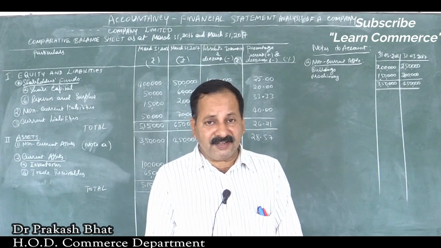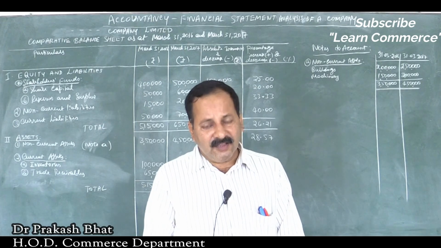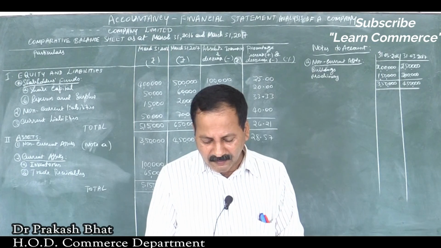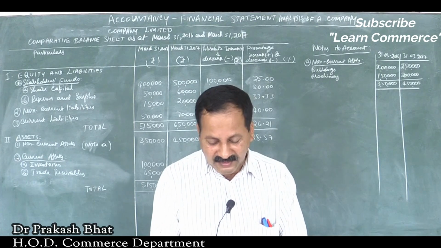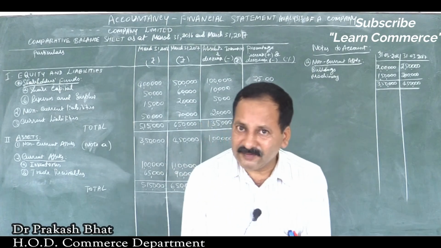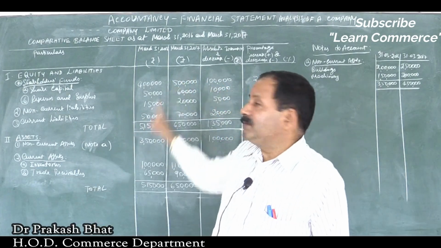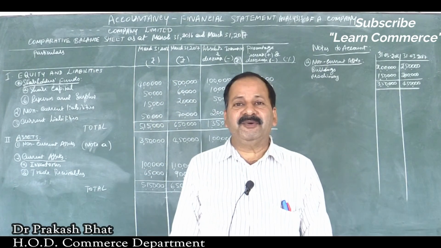I will take that up first tomorrow in the next class, and we will take up these 3 problems of common size balance sheet after that, so that we can conclude the chapter, right? So solve the same problem as your assignment problem and submit the assignment on time.